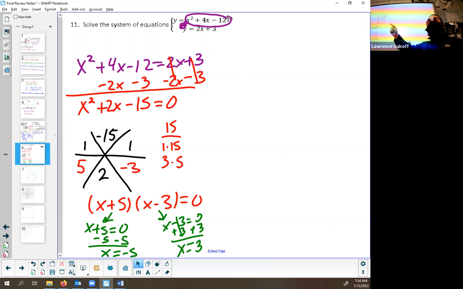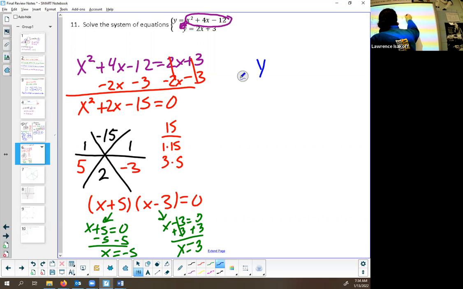I have both x and y in my system. So I do want the answer for y. So what I'm going to do is put both these x values into the second equation, which just says 2x plus 3. That looks a lot less complicated than x squared plus 4x minus 12, right? So let's just plug each of them back into the second equation because it's easier.